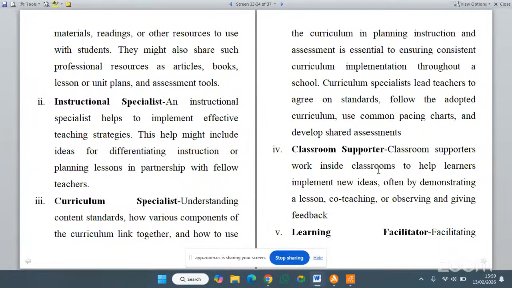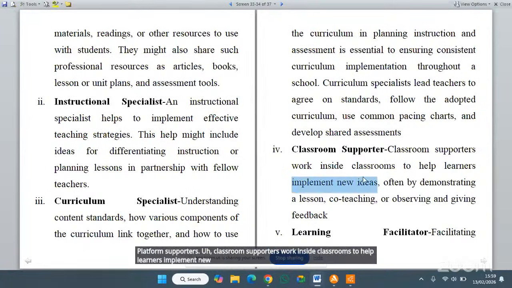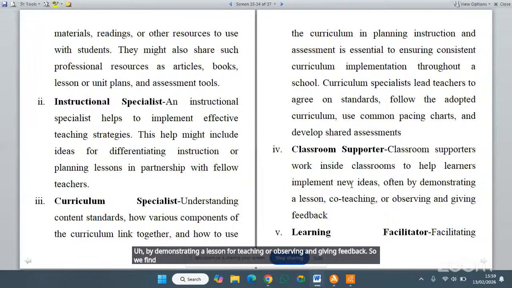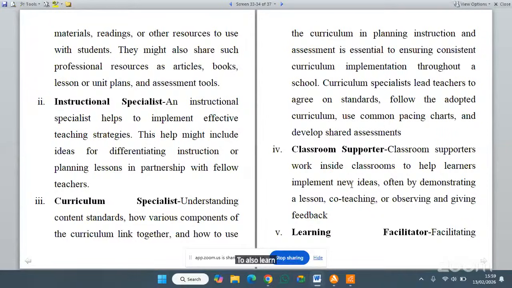Classroom supporters. Classroom supporters work inside classrooms to help learners implement new ideas by demonstrating a lesson or teaching or observing and giving feedback. So you find that teachers also provide that support to fellow teachers, and also to learners, so that learning is effective.